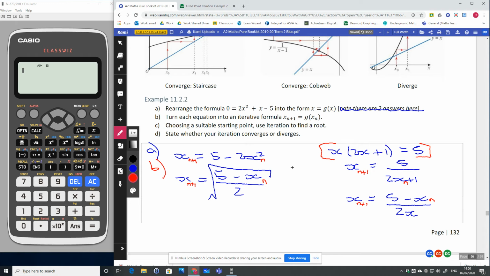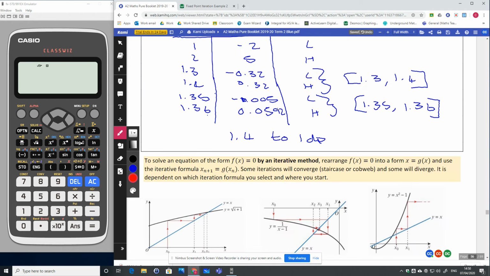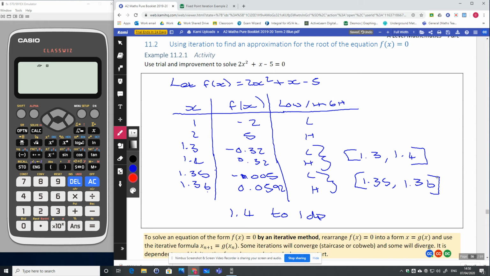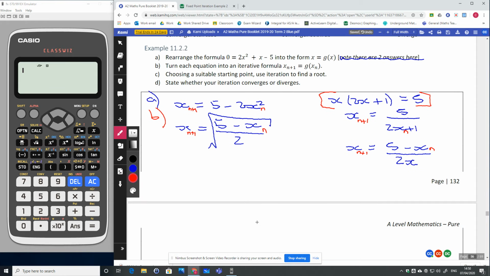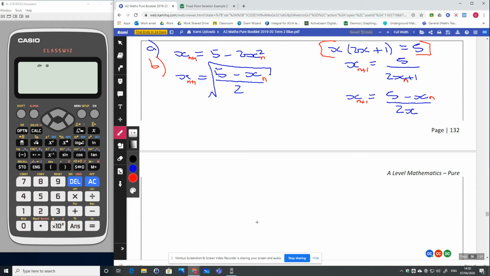So what we're going to do is choose a suitable starting point and use iteration to find the root. Now, because this is the same as this function up here, I'm going to choose one of the values within my interval, and because we've decided that it's equal to 1.4 to 1 decimal place, I think that's a good place to start. So part C, we're going to do 2 of these.